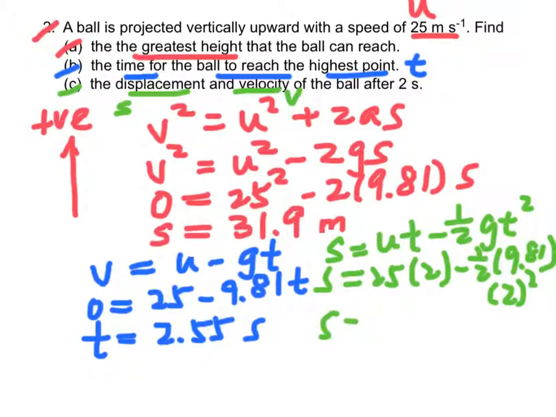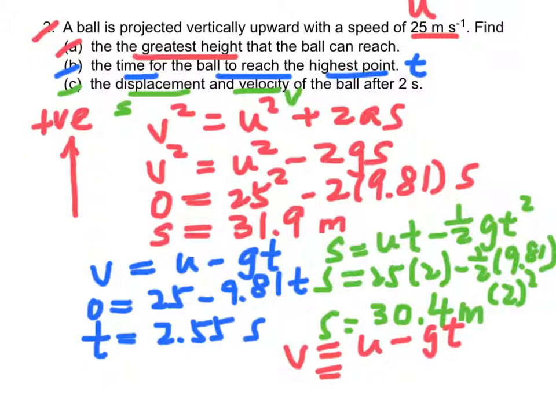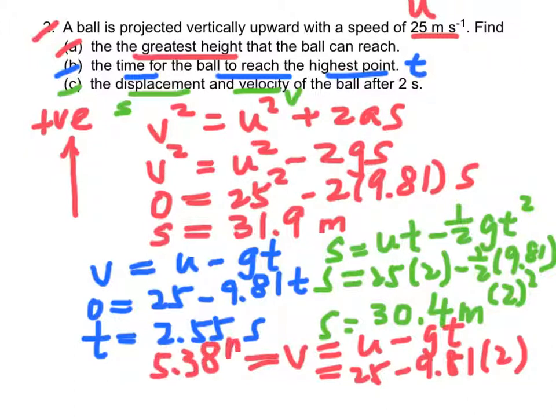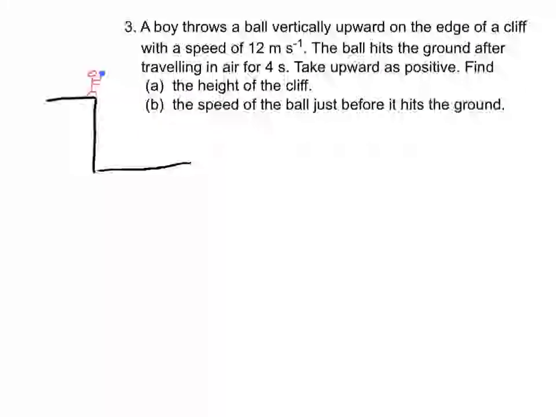Therefore, s equal to 30.4 meters. And the velocity v equal to u minus gt equal to 25 minus 9.81 times 2. Therefore, the velocity is 5.38 meter per second.